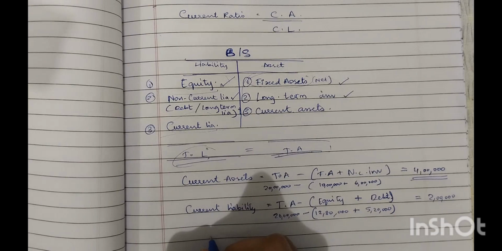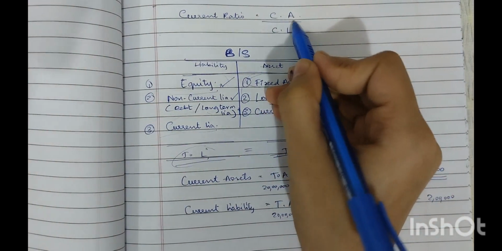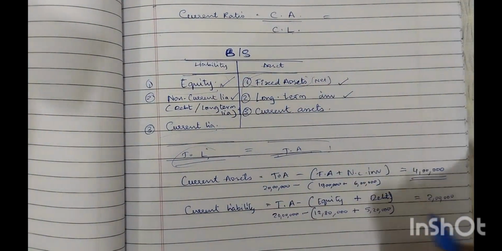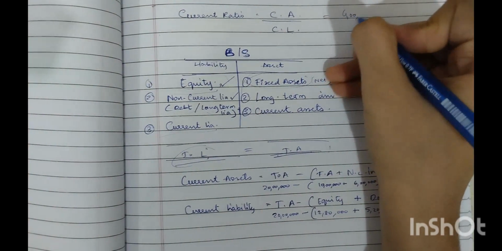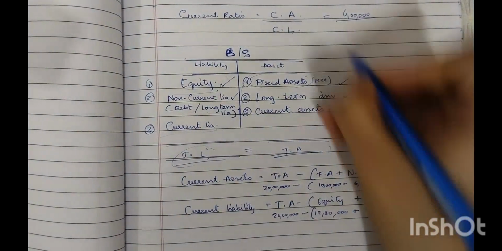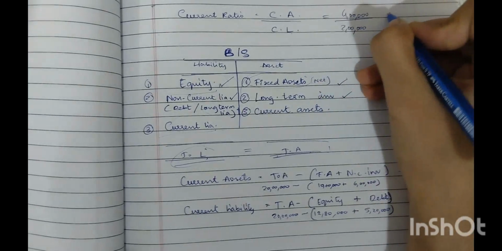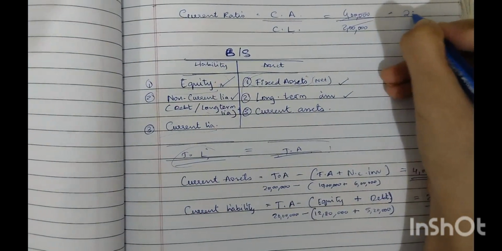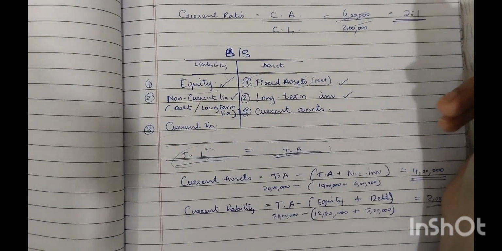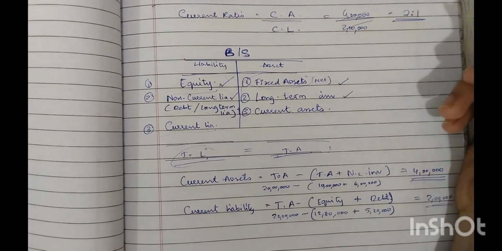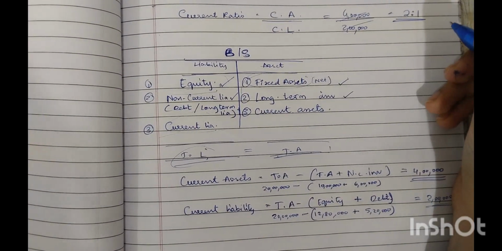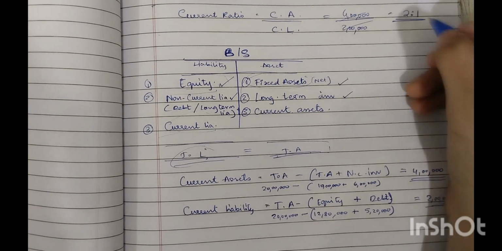Now the current ratio, as we can see here, is current assets by current liability, which is equal to 4 lakhs by 2 lakhs, which is equal to 2:1, which is the ideal ratio for current ratio. And that is the end of the question. We reached the answer.